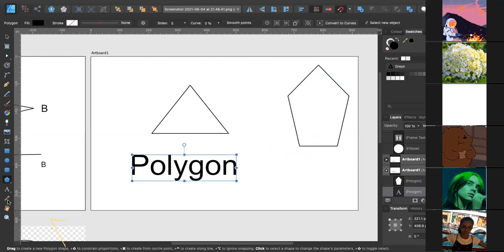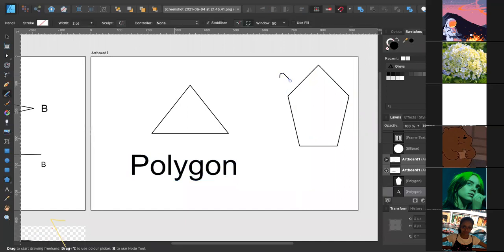Because it has 5 sides, 5 angles, 5 vertices. So it is 1, 2, 3, 4, and 5. Five sides it has got. That means it is made up of 5 line segments joined.